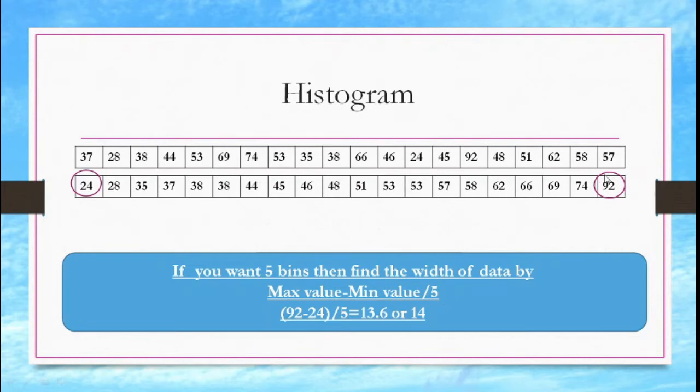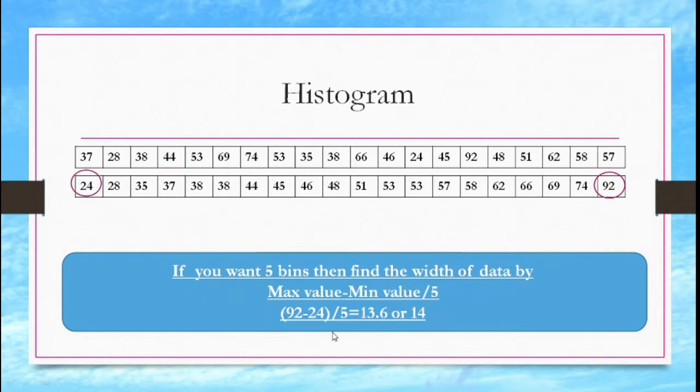Now you can see here the max value is 92, minimum value is 24. So if you divide by 5, you will get 13.6. Now 13.6 can be converted into a whole number, which will be 14. Okay, 13.6 is rounded up, so it becomes 14. Clear? If it is 13.5 also, it will be rounded to the next value.